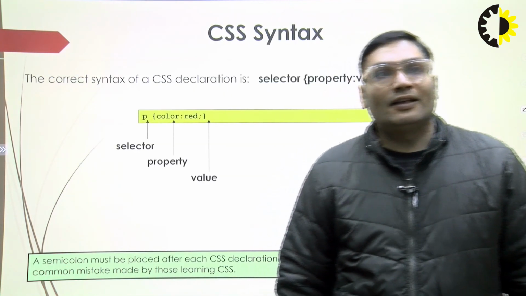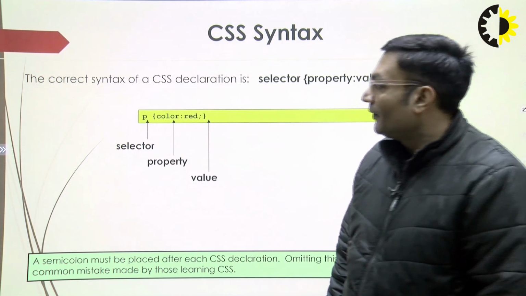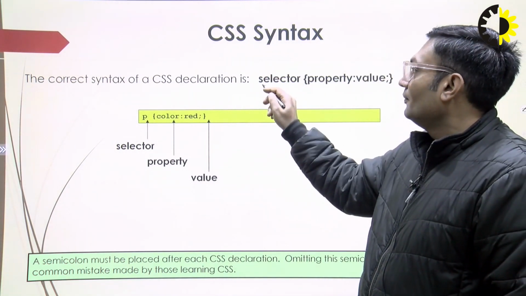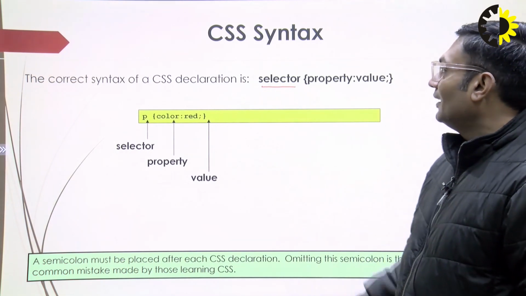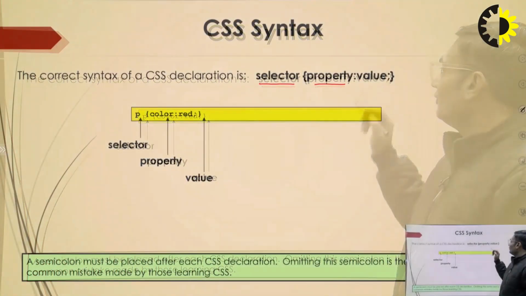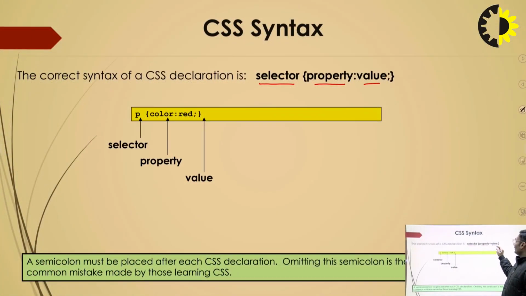So, how can we use the CSS syntax? To use the CSS syntax, there is a rule. First, we write the selector, then curly braces open, then the property that we want to change, then colon, then value, then semicolon, and then curly braces close. So, if I want to make changes on a paragraph, what can I write?